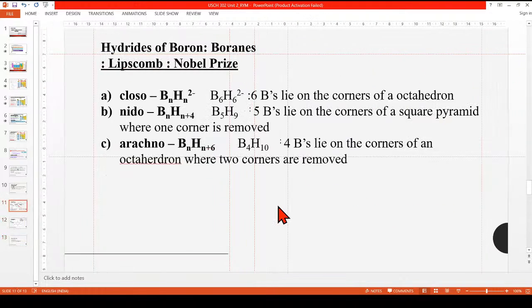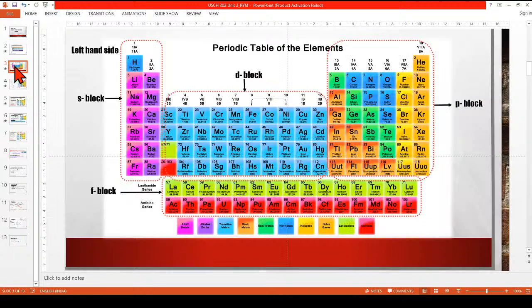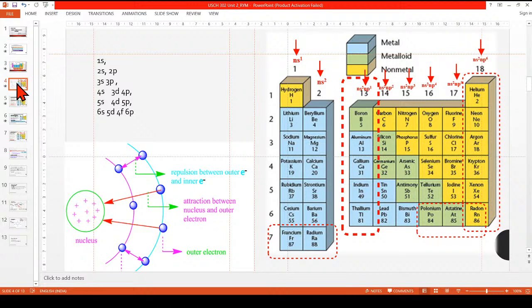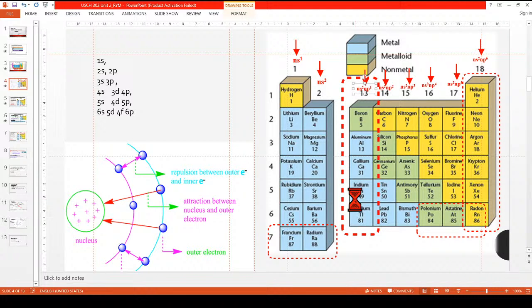Okay, so in summary, what we have learned from boron family elements is their electronic configuration. Their general electronic configuration is ns2 np1.